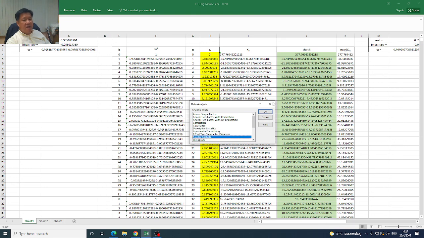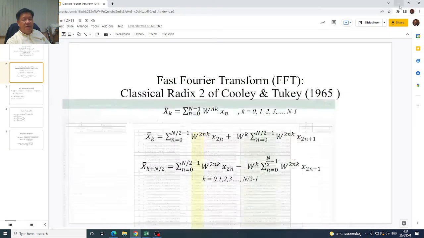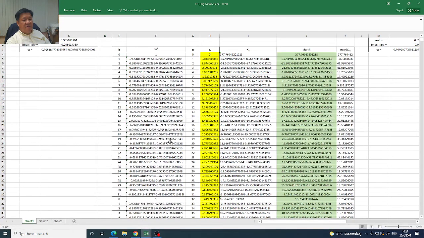There are some limitations, and we're going to come back with the definition of this Fourier transform with some extension and modification of this idea, to help you solve the problem with a very long stream of data. That's why we name the file FFT big data, using the Excel format.